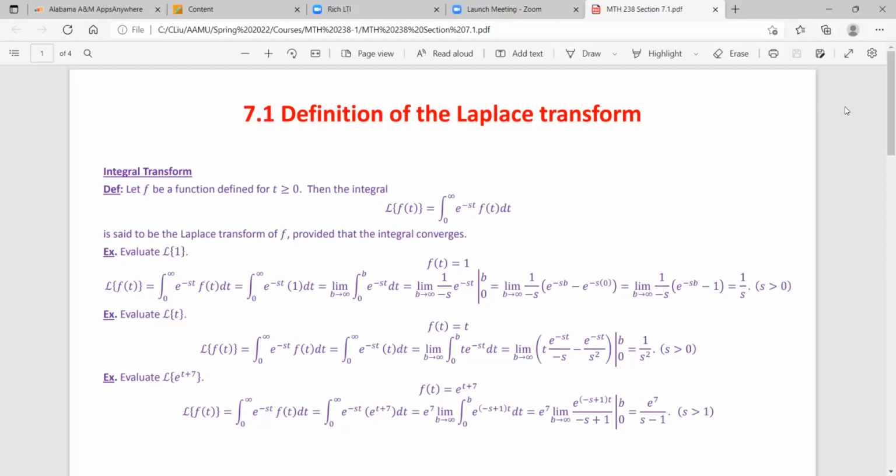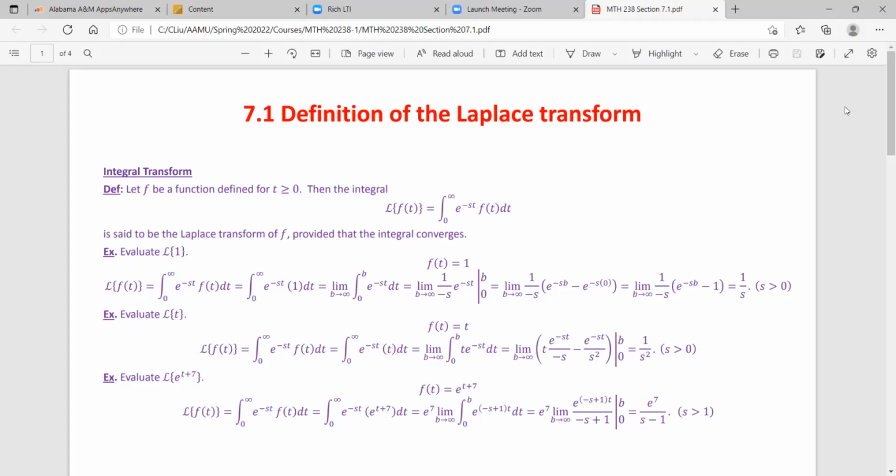This can be done by substitution, if you let u equal negative st. Then you just evaluate at t equals b and 0 and subtract. I'm not going to repeat the whole process of integration by substitution. We did that in Calc 2.